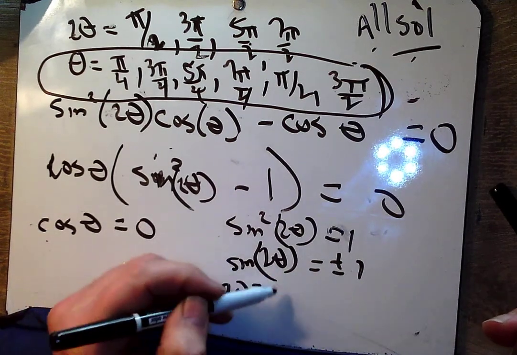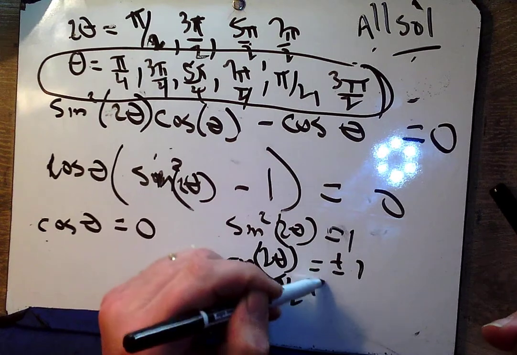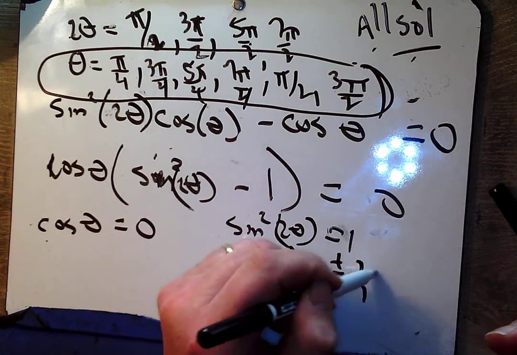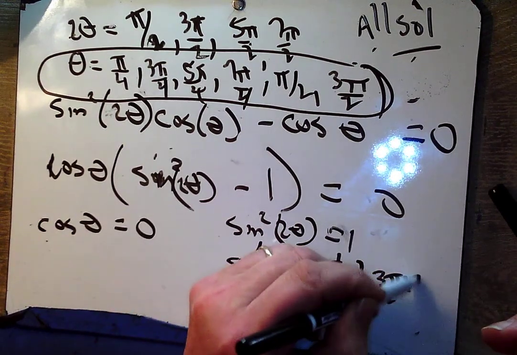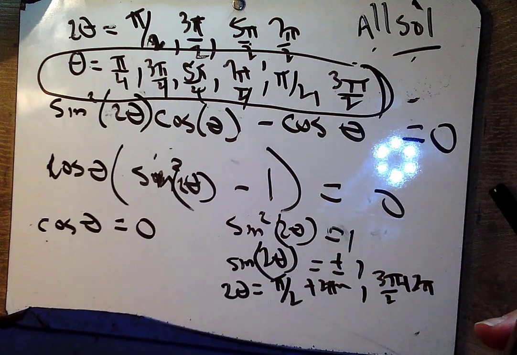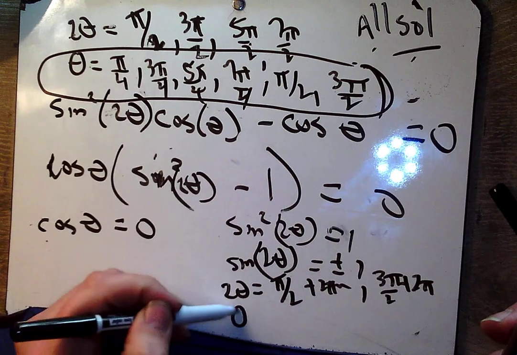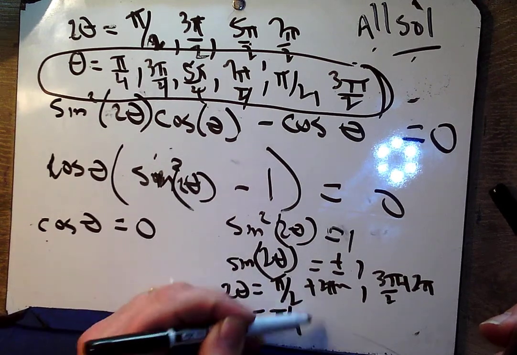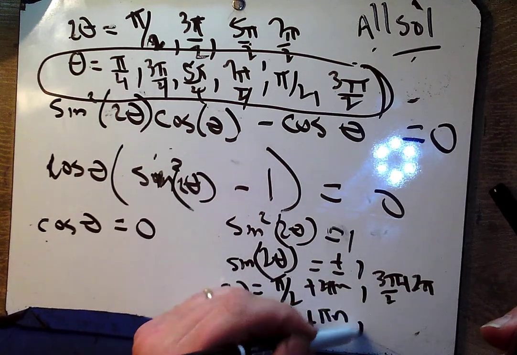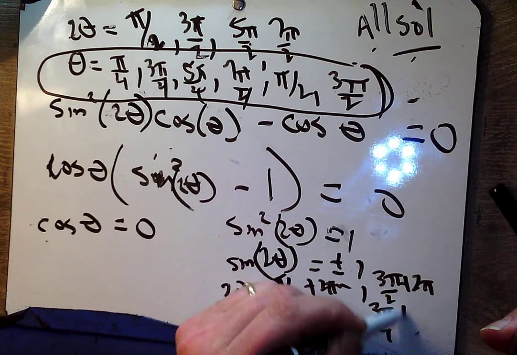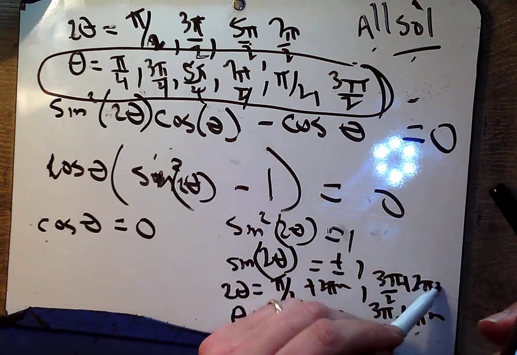So 2 theta equals pi over 2 plus 2 pi m, and 3 pi over 2 plus 2 pi m. So theta equals pi over 4 plus pi m, and 3 pi over 4 plus pi m.